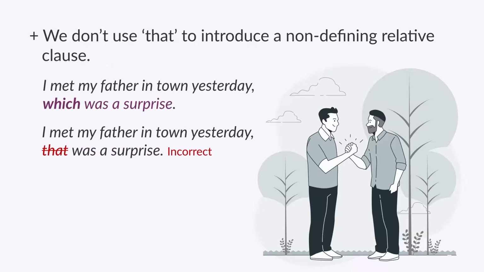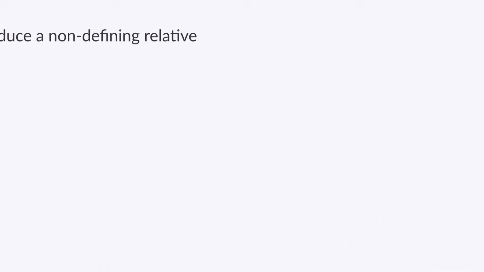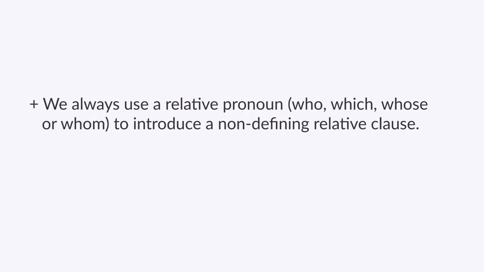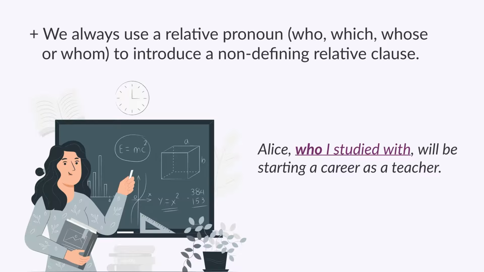I met my father in town yesterday, which was a surprise. We always use a relative pronoun, who, which, whose, or whom, to introduce a non-defining relative clause. Here's an example. Alice, who I studied with, will be starting a career as a teacher.